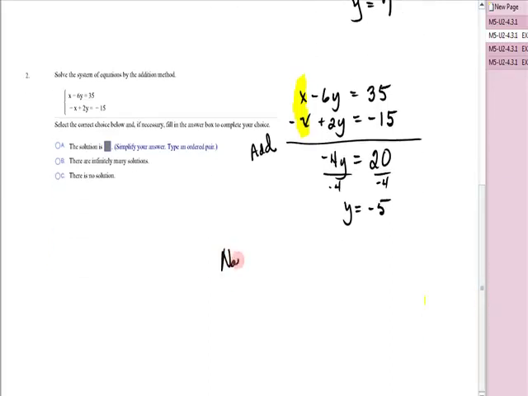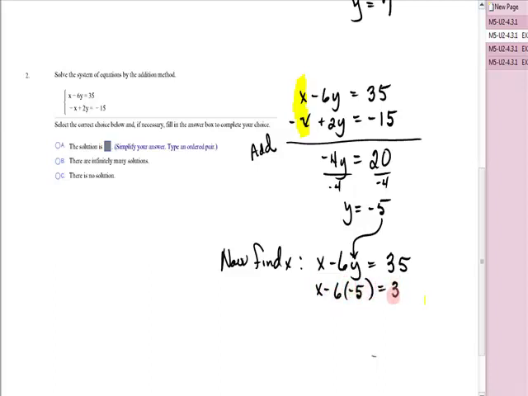Now, find x. You get to pick. It doesn't matter. I'm just going to grab the first equation. x minus 6y is 35. Take this value for y and plug it in. x minus 6 times negative 5 is 35. That's x.